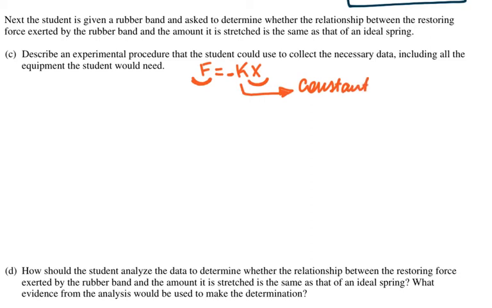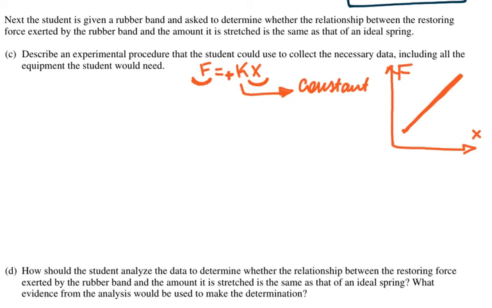And so if you were to graph force over the amount by which it stretches, you would get a linear relationship. I'm going to ignore the negative sign for now because it's just the sign that tells you that force is always acting in the opposite direction to what you're doing to the spring.